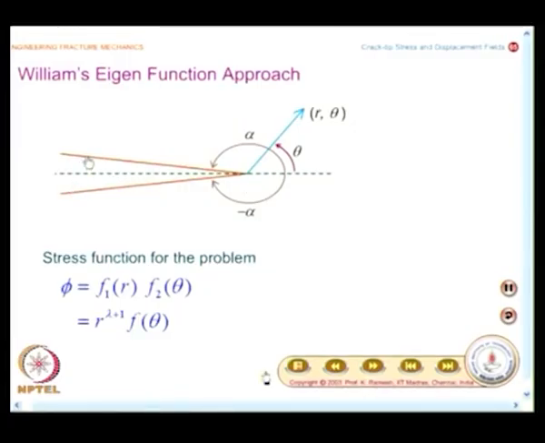Now, you will have to find out how to define the boundary condition. I have already mentioned what happens on a free surface. On a free surface, the stress vector would be 0, but the stress tensor can still exist. So, when I have a radial line like this, which component of stress is permissible on this line, whether it is sigma theta or sigma r?